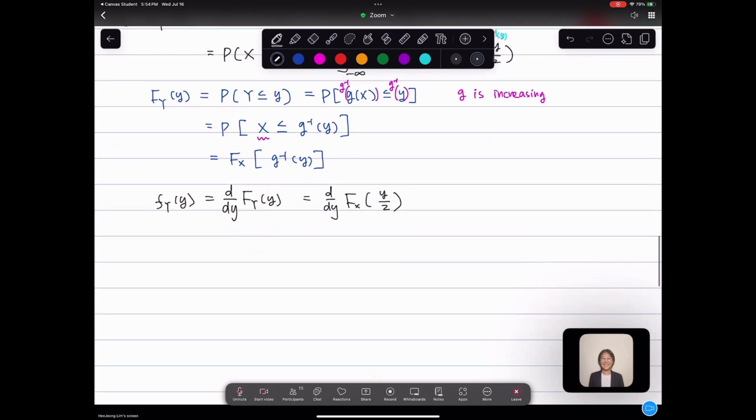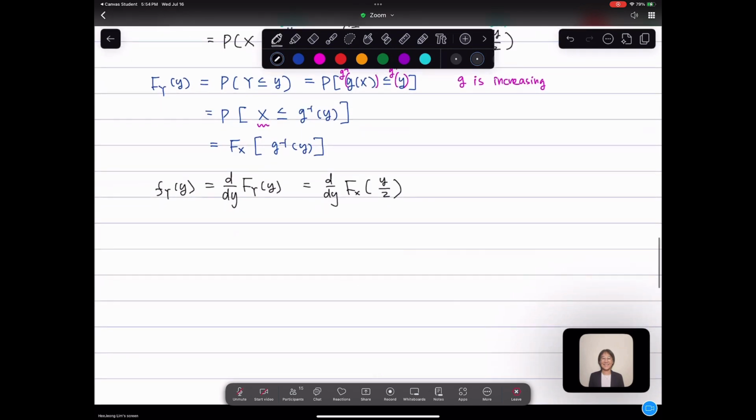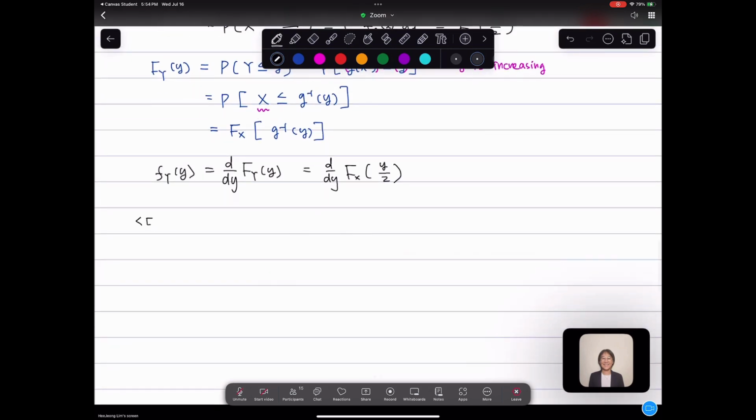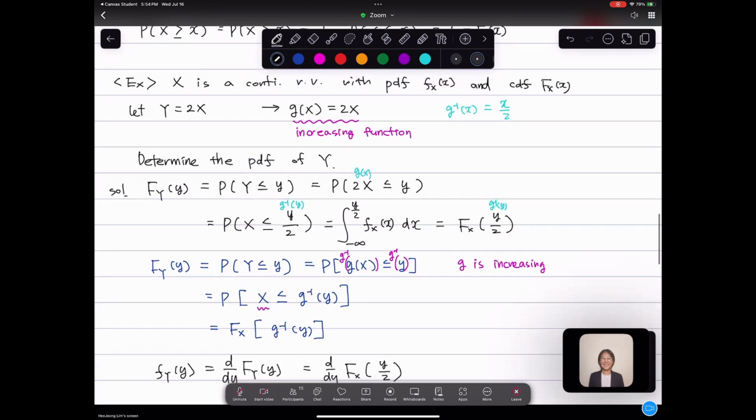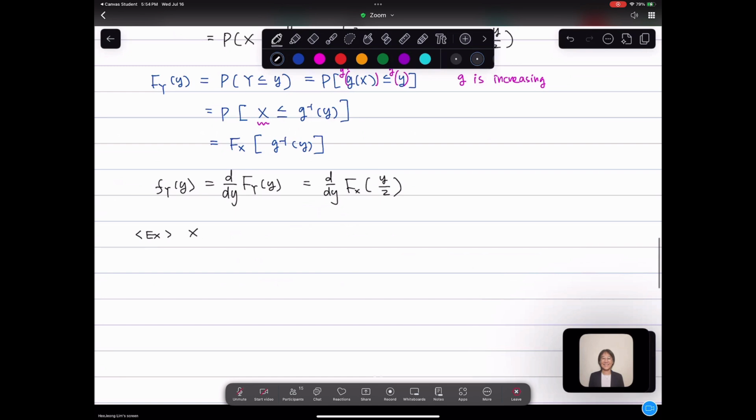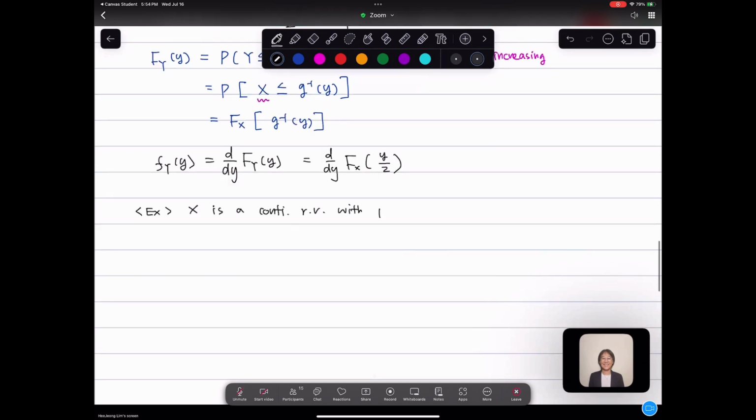So I want to go get another one, which is a decreasing function, to get a feel for this. So my X is a continuous random variable, and the PDF is f of x, and the CDF is big F of x.